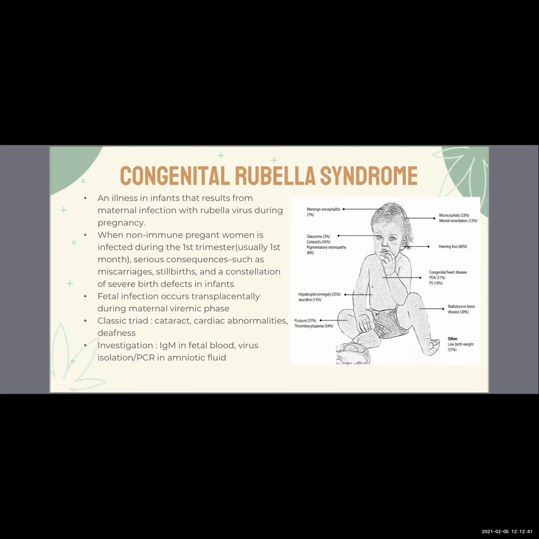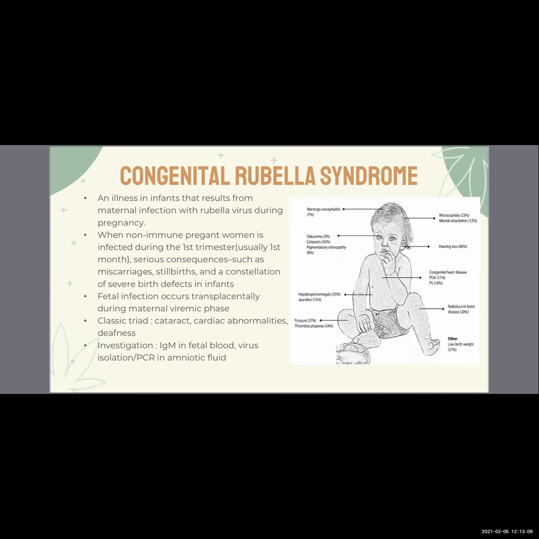CRS may present with the classic triad of cataract, cardiac abnormalities, and deafness. Other manifestations, as in the picture, are microcephaly, mental retardation, hearing loss, and hepatosplenomegaly.